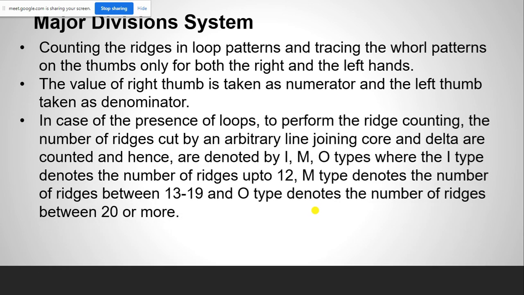In case of the presence of a loop, to perform the ridge counting, the number of ridges cut by an arbitrary line joining core and delta are counted, and hence are denoted by IMO types, where the I type denotes the number of ridges up to 12, M is denoting the number of ridges between 13 and 19, and O type is denoting the number of ridge counts of 20 and more.